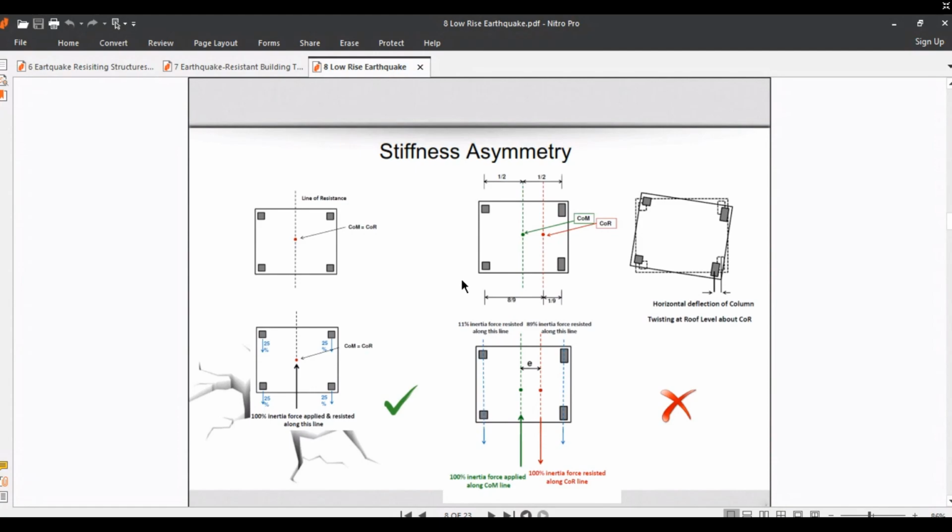You can see the first shape is correct, as a stiffness symmetrical plan, and the right side shape is incorrect, as a stiffness asymmetry plan for designing the resistant building.